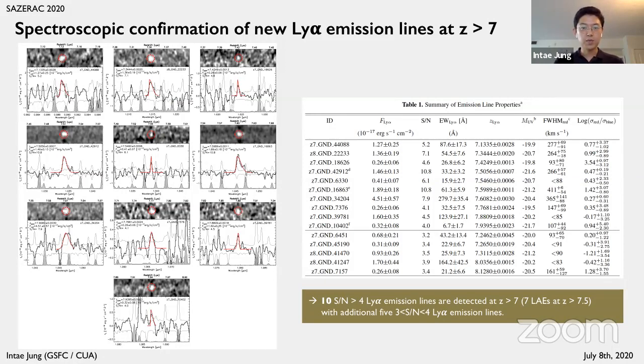We perform asymmetric Gaussian fitting on reduced 1D spectra to estimate the physical properties of the detected Lyman Alpha emission lines that are listed in the table, including emission line fluxes, equivalent width and the line asymmetry. These are the greatest number of spectroscopic confirmations ever at these redshifts.